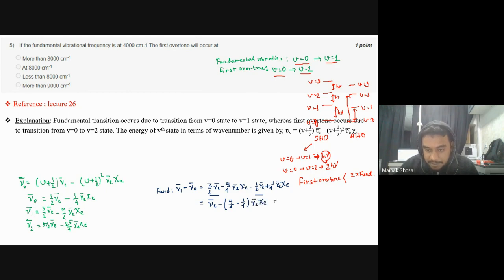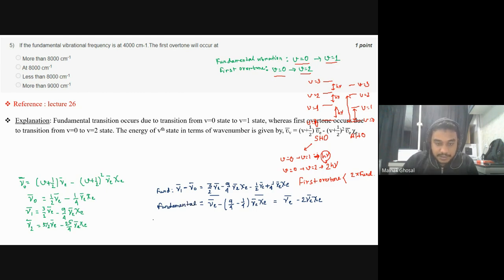So it will be 9 by 4 minus 1 by 4, which becomes 8 by 4, which is 2. So nu e bar minus 2 nu e bar chi e. This is right. So I have found the value for the fundamental transition.